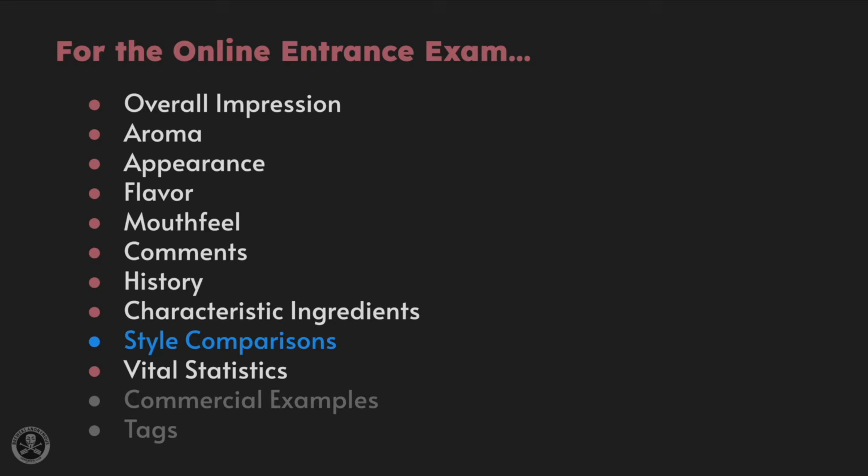Now you're probably wondering what's up with these style comparisons being in blue. If you've been watching these lessons in order, you probably remember in the entrance exam and detail lesson, I said there are some style comparison specific questions on the exam. I marked this blue because those questions aren't limited to the information in that style comparison section of the entry guidelines.